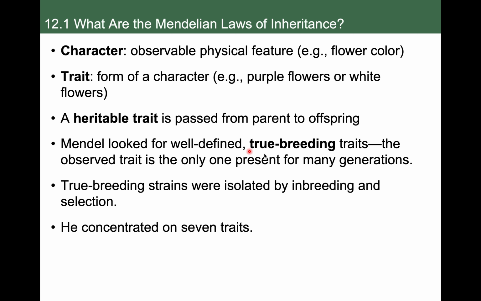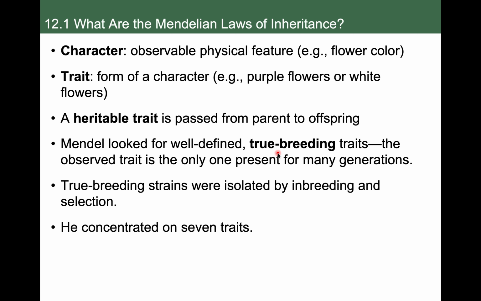And I was just talking about his starting plants being very inbred. Geneticists refer to that as being true breeding. So these were very well-defined true breeding traits where, if you had a pea plant that had a purple flower, that line of pea plants had been purple flowered for many, many, many years, right?